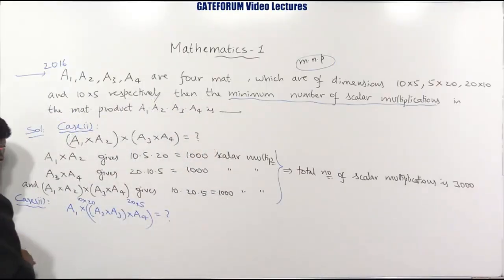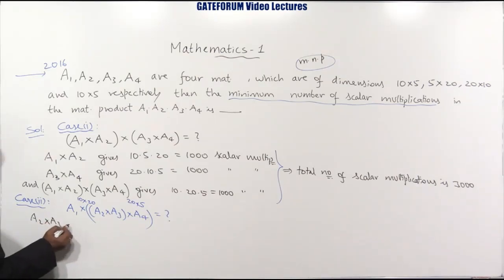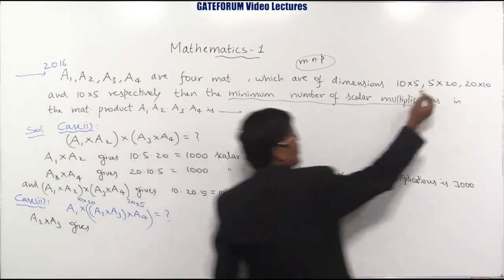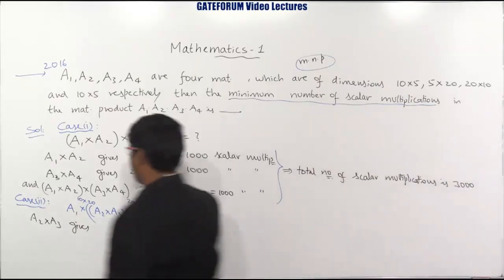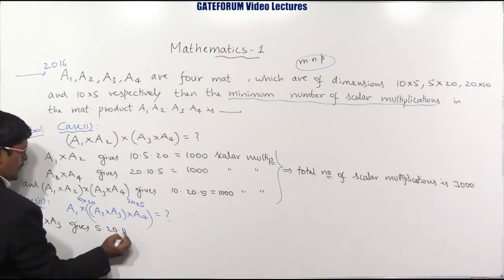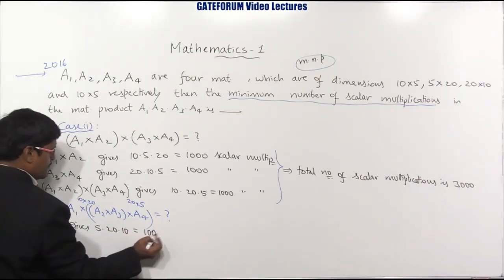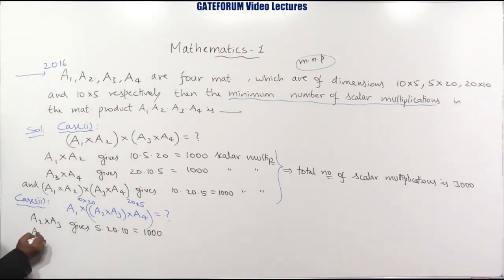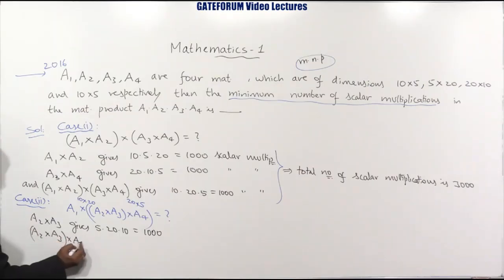In this case, how many scalar multiplications? A2 into A3 gives, this is A2, 5 into 20, and 20 into 10. Compare with M into N, N into P. 5 into 20 into 10, so 1000. Next, A2 into A3, post-multiplied by A4.